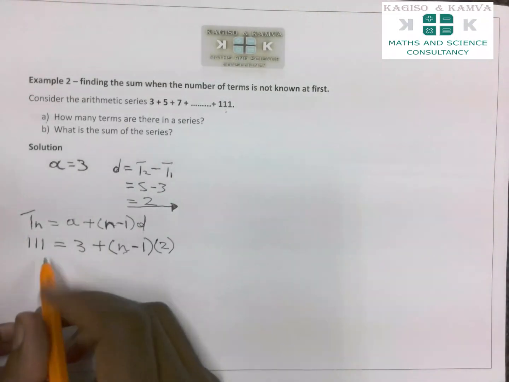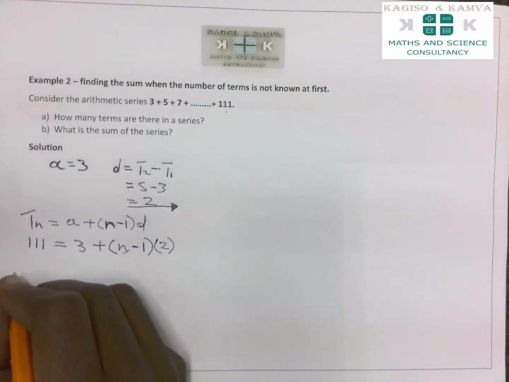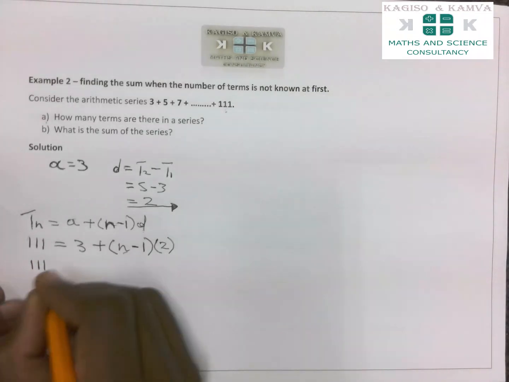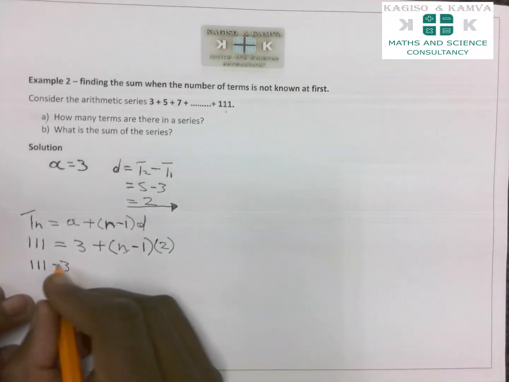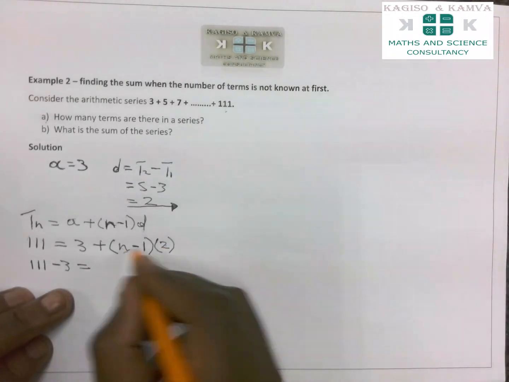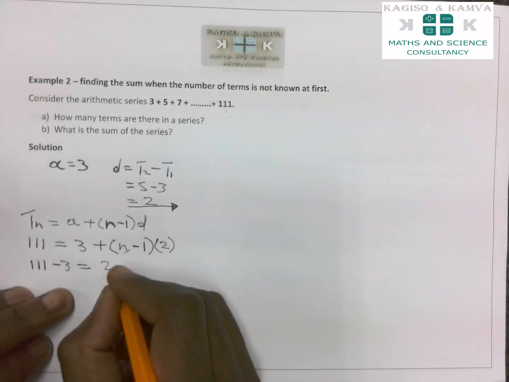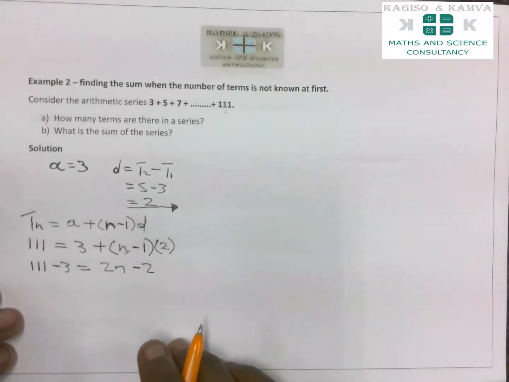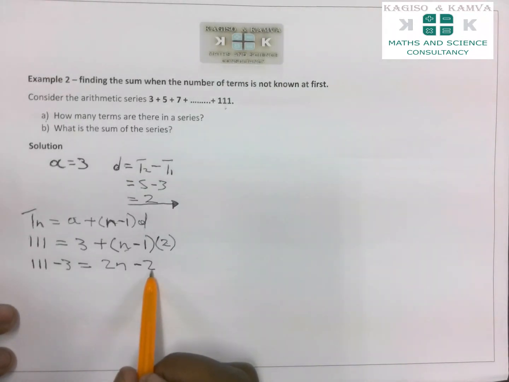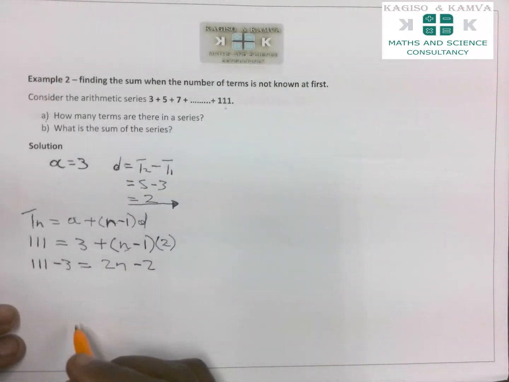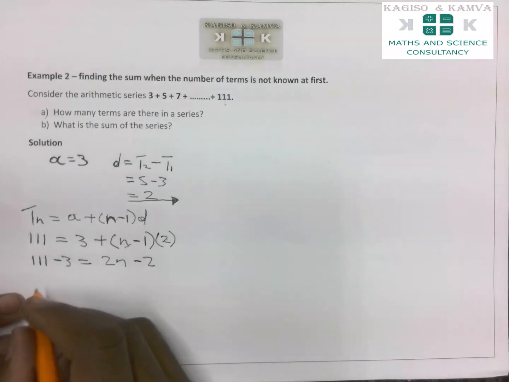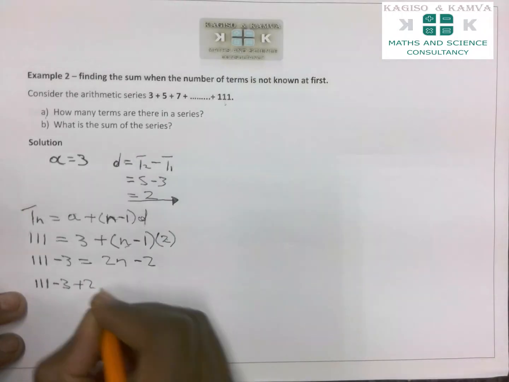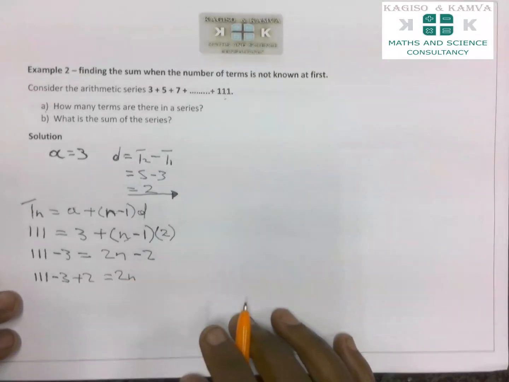When we transpose, this is going to be 111 minus 3 is equal to, working it out, 2n minus 2. Then we also transpose this to the other side: 111 minus 3 plus 2 is equal to 2n.